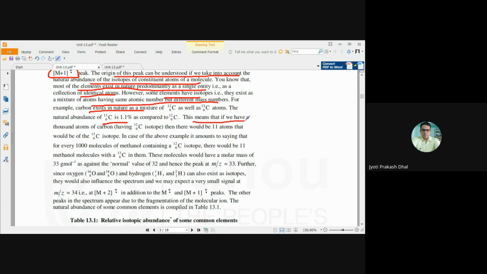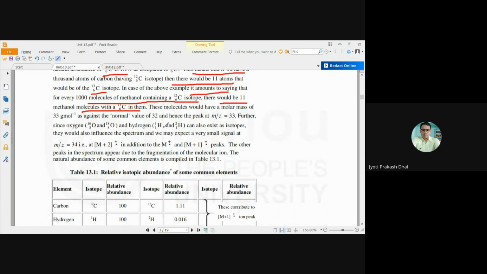This means that if we take a thousand carbon atoms, then 11 atoms will be the 6 carbon 13 isotope, while 989 atoms will have the 6 carbon 12 isotope. So in the above example, it amounts to saying that for every 1000 molecules of methanol containing 6 carbon 12 isotope, there will be 11 methanol molecules having a 6 carbon 13 atom.